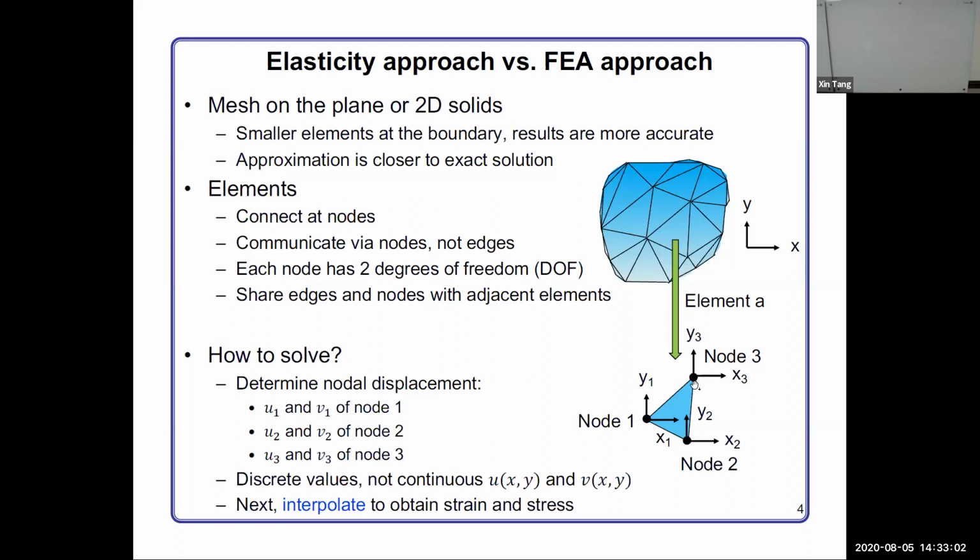Okay, so if we look at one element, it will look like this. You have a node 1, node 2, node 3. Here, we assign the index of node to each element. So that's why we have the node 1, 2, and 3. It doesn't matter which node is node 1.